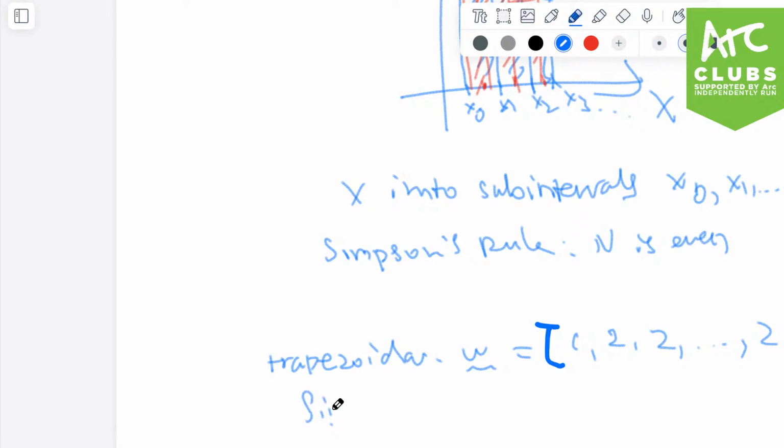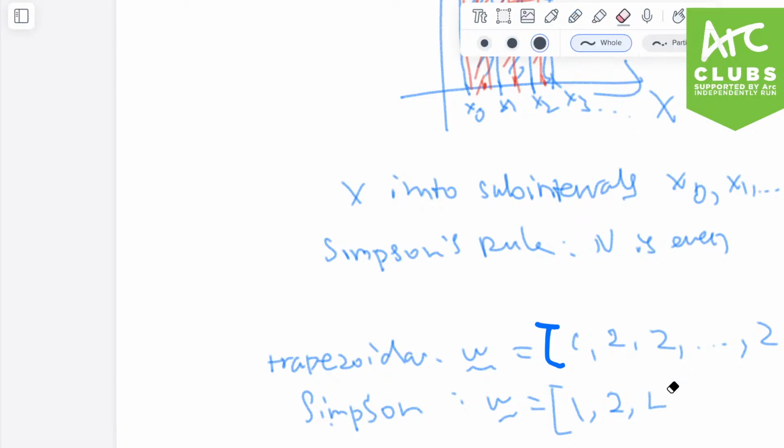And if you use Simpson's rule, your vector is going to be 1, then 2, then 4, then 2 and 4 and 2, and until the last one is 1.